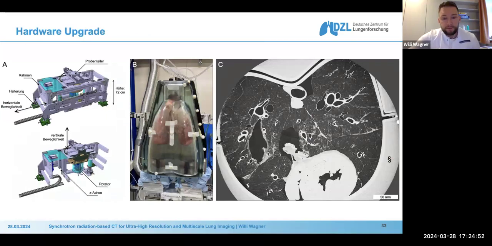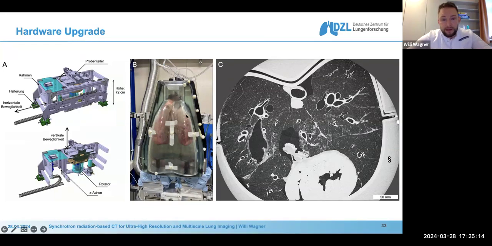Some technical developments and adjustments that we made over the years. One of them was a hardware upgrade to the sample rotator, where the people from the Italian Synchrotron did an amazing job, because we now have a setup for very bulky specimens.